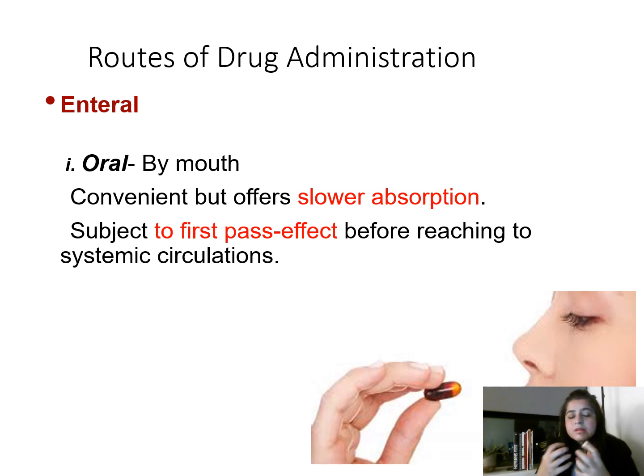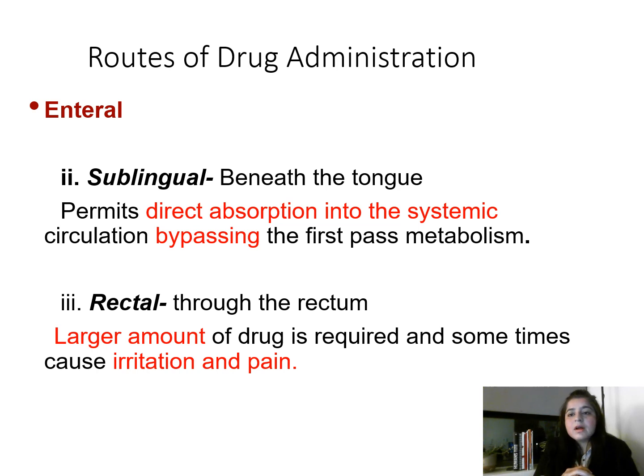This drug directly enters the systemic circulation. It means it is not going to the portal circulation. If the drug is not going to the portal circulation, it is not entering the liver, and it is not metabolized by liver metabolizing enzymes.